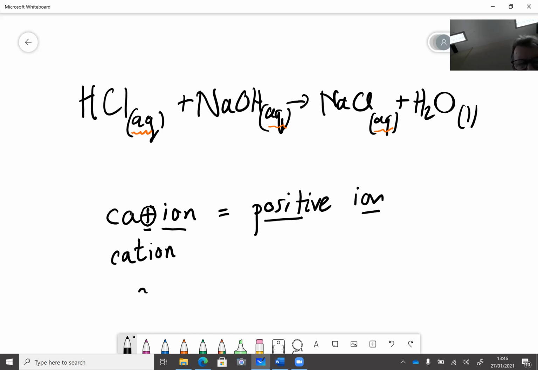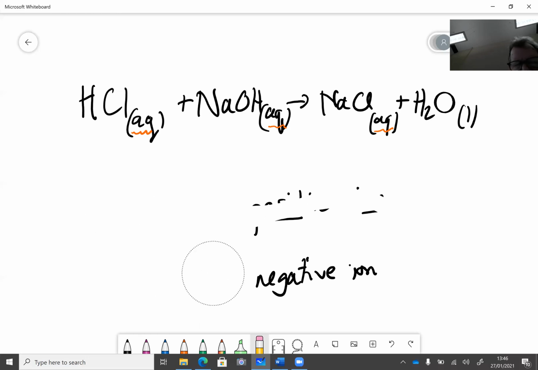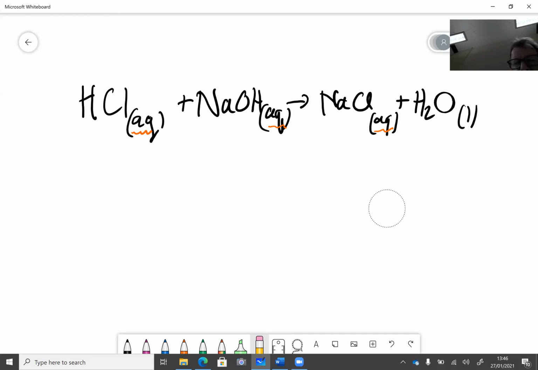And then anion is negative ion. If you can remember that the T in cation is a plus, it makes it very easy to remember a plus ion. So the cation is the positive one. That's really important that you can remember that. I'll go through that again in a bit, but that's the basis.